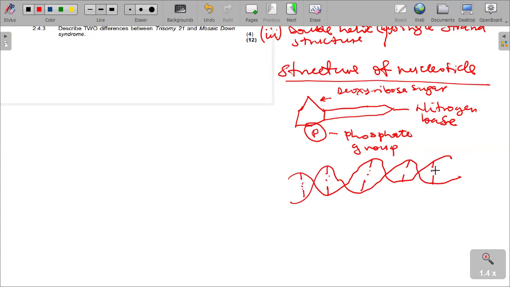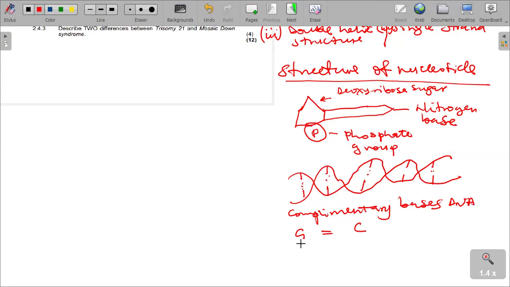So what is happening is that we have complementary bases found there, complementary bases in the DNA structure. So G pairs with what? With C, where G is guanine and C is cytosine.